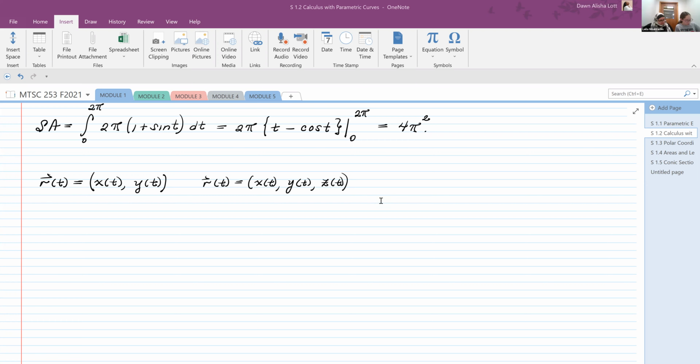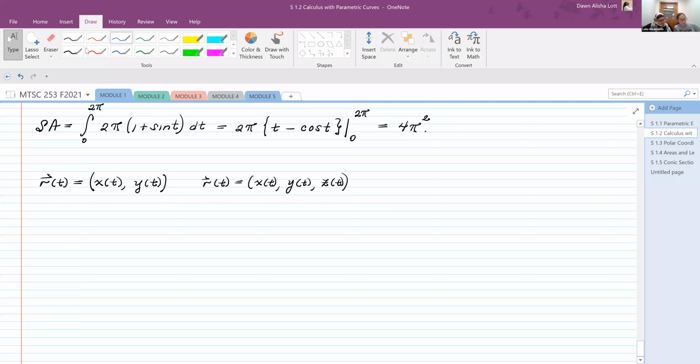Yes, x equals t cubed minus 7t, and y equals 6t squared. Okay, so that's the curve. Did they give you what t went from? No, you were supposed to figure out the limits of integration, to then find the area.